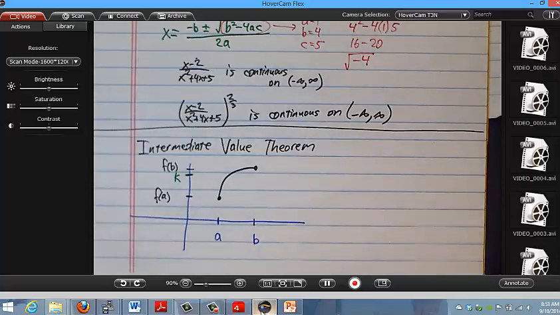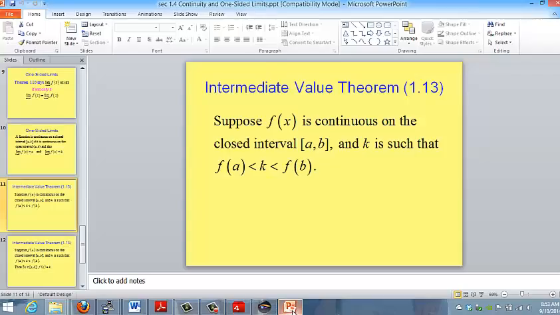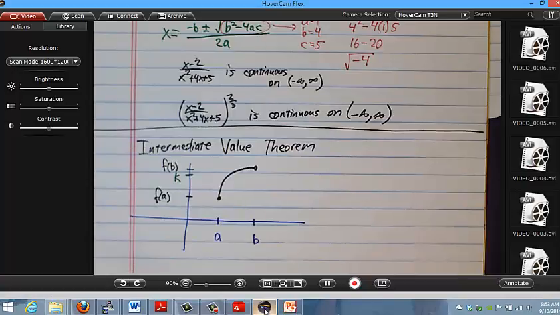Okay, now, the word is intermediate value theorem. You see, k is your intermediate value. Does that make sense, the words to you guys? Because k is between f of a and f of b. It's an intermediate value. Well, this theorem is an example of what's called an existence theorem.